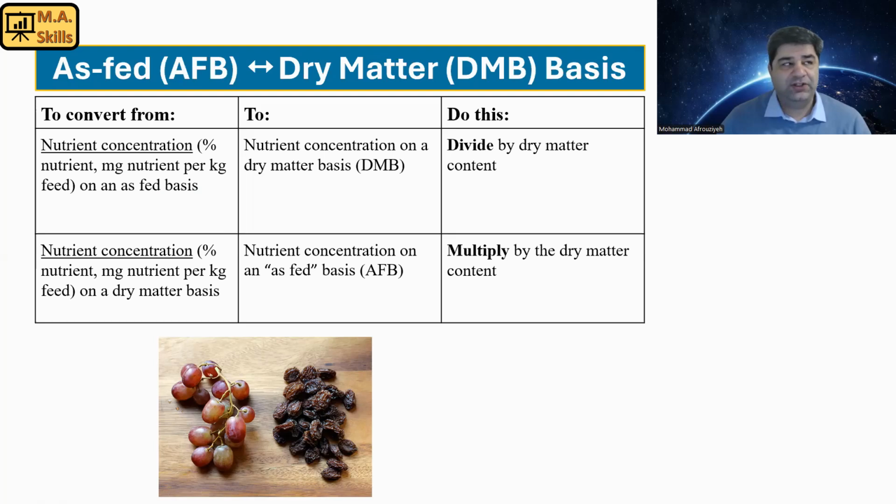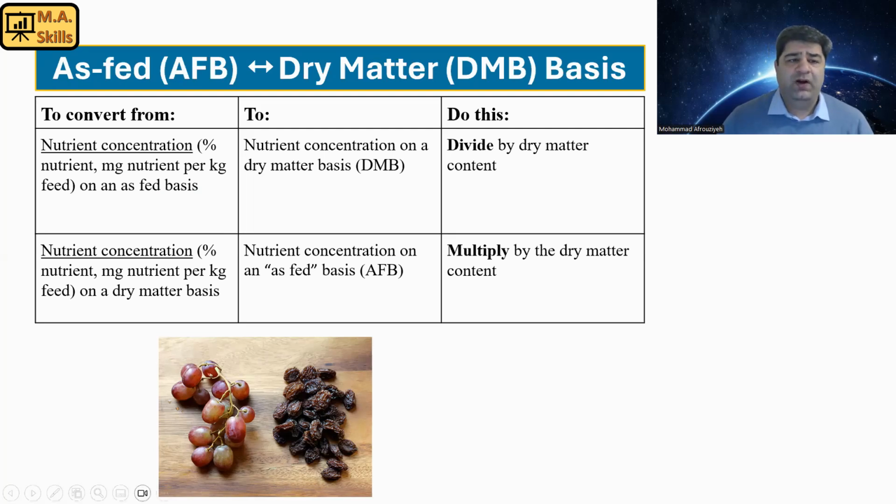So let's say grape is the as fed form, but raisin here is the dried grapes. So it is like dried materials, or let's say it's based on dry matter.